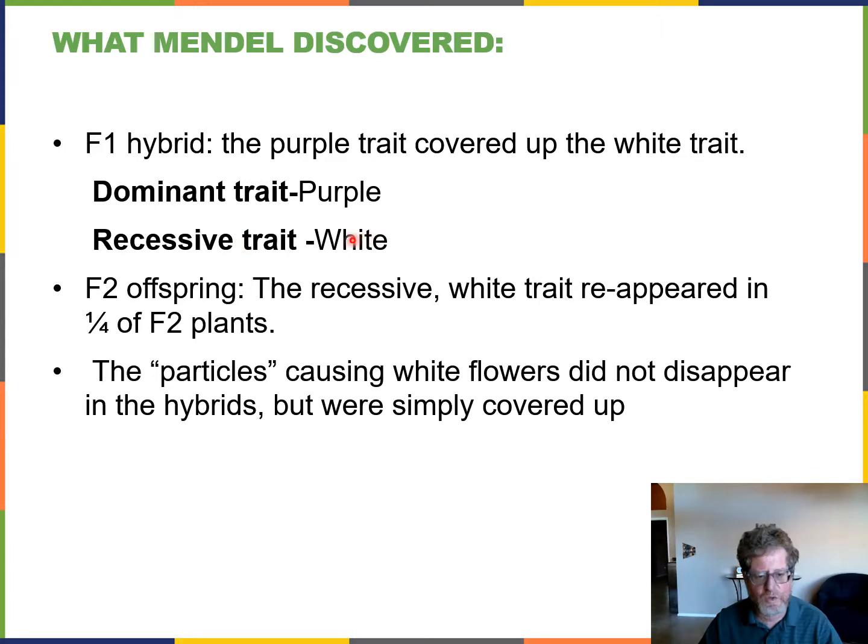In this case, it's white. But the F2 offspring showed 1/4 white plants. So that shows that in the purple hybrids, the white trait is still there, it's just being masked by the purple trait. We now know the particles causing this are the genes.